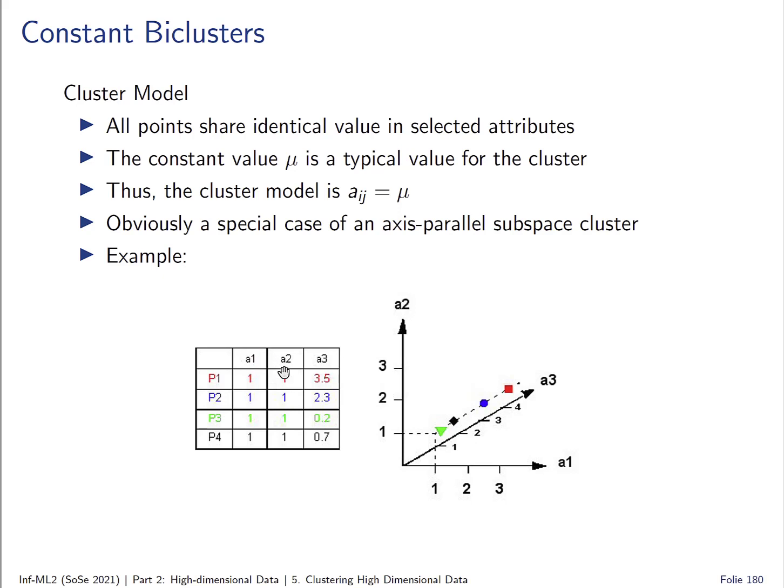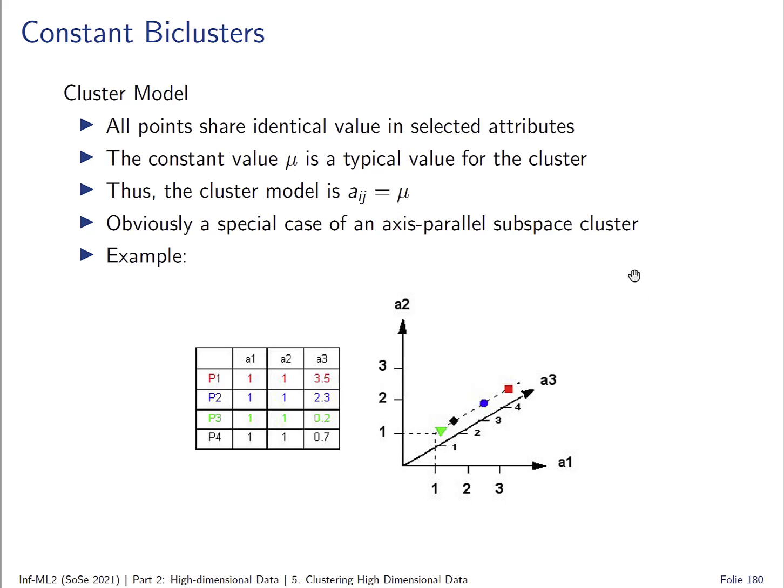If we project those points only onto these 2 columns, obviously we have 1, 1, 1, 1, 1, 1, 1, 1. So all of those points are actually identical. And that is regardless whether the typical value mu is 1 as here, or 0.5, then everything is 0.5.